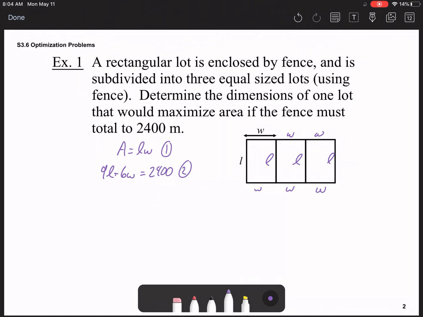So from here, what I can do is solve for either L or W in the second equation. I'm going to solve for L in the second equation.